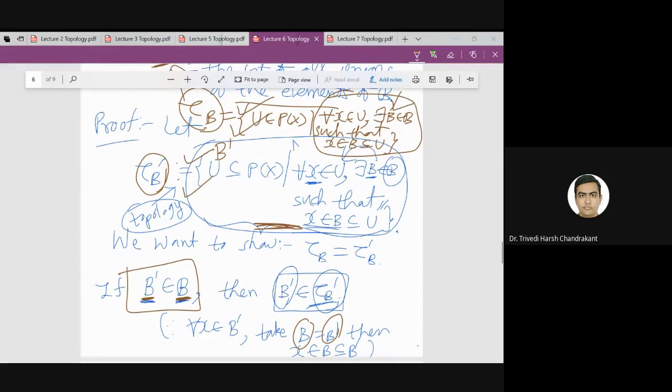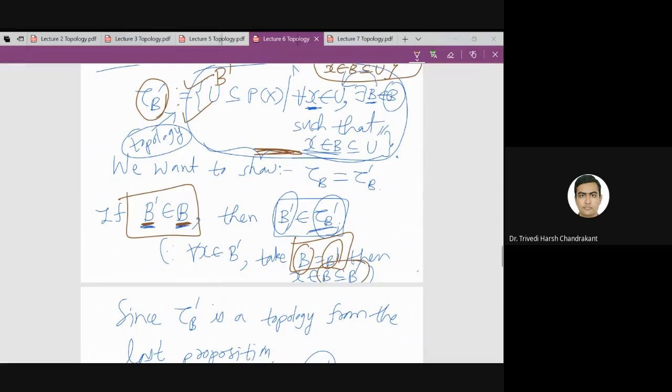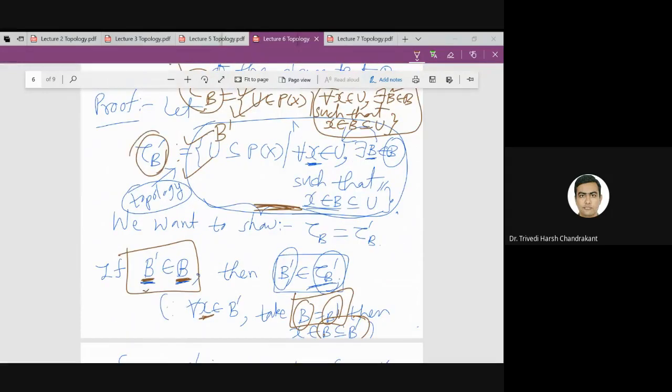So I will take the same element B dash to be B. Clearly X belongs to B, which is containing B dash, because these two are the same sets, because B equals B dash. So for every X in B dash this is true. That means B dash is an element of this set.